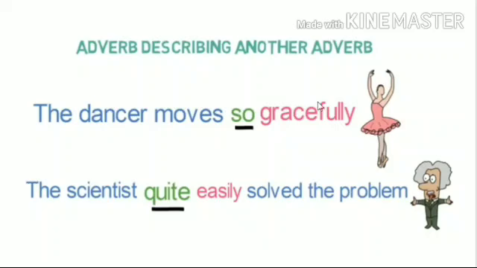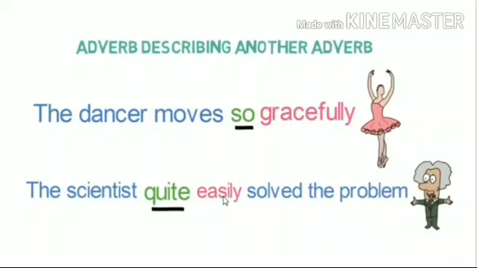Alright, the second sentence we have here is, the scientist quite easily solved the problem. Here, easily is describing the action of solving the problem. So easily is an adverb here that is describing the verb solved, but the word quite is used here to describe easily. So quite is also an adverb here that is describing another adverb, easily.